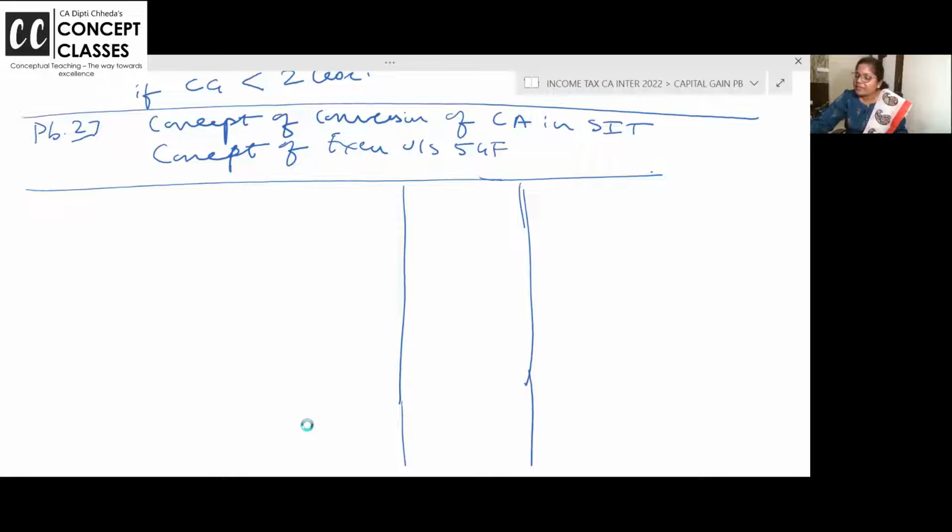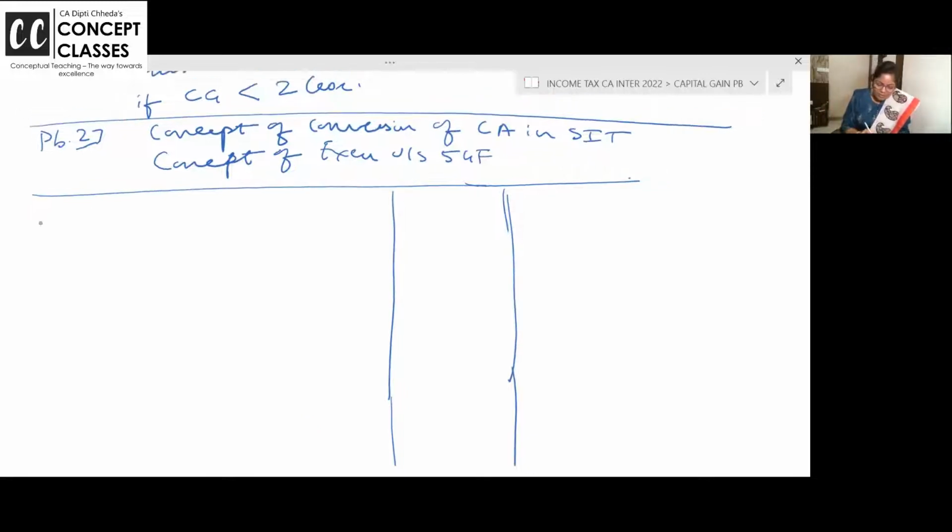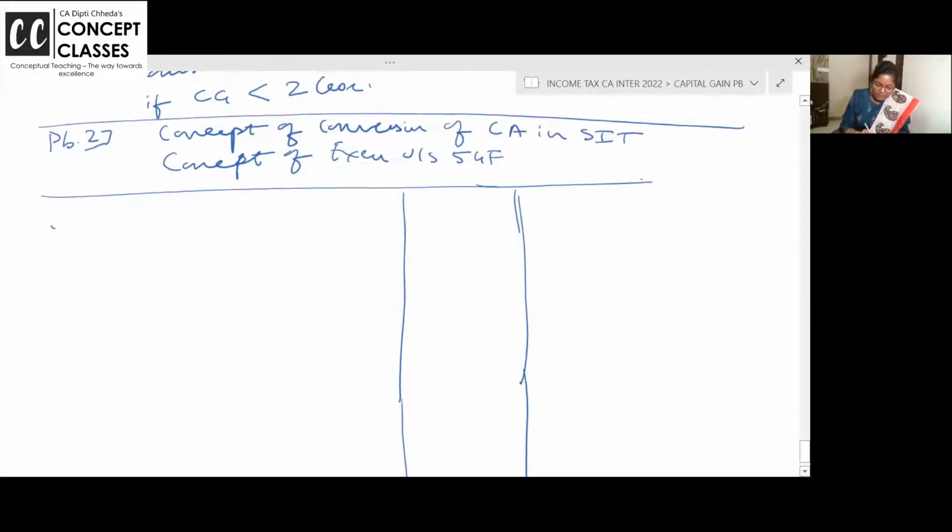Fair market value is given on April 1, 2007. When he converted his capital asset into business, the fair market value was given. Now he has sold it on 31st March 16. So we will take this first as business income.